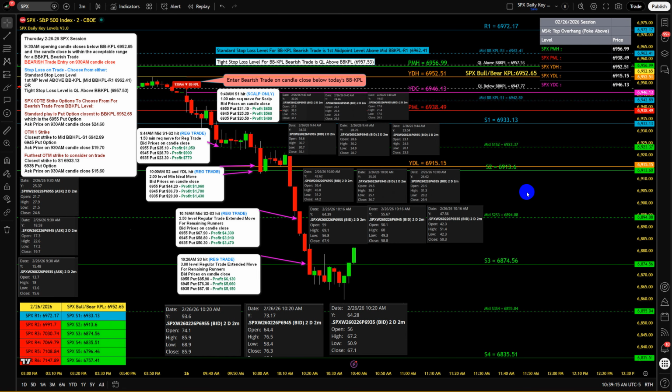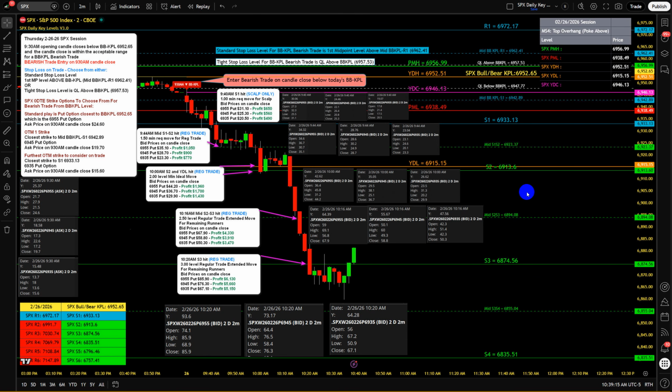You can also take bullish and bearish trades off of the pre-market high, the pre-market low, the YDC level, the YDH level, and the YDL levels with this particular indicator. For those trades, you can choose either a tight stop loss or a standard stop loss, but you would do so in the user control panel, scrolling down to the trade section for PMH, PML, YDH, YDC, and YDL trades.